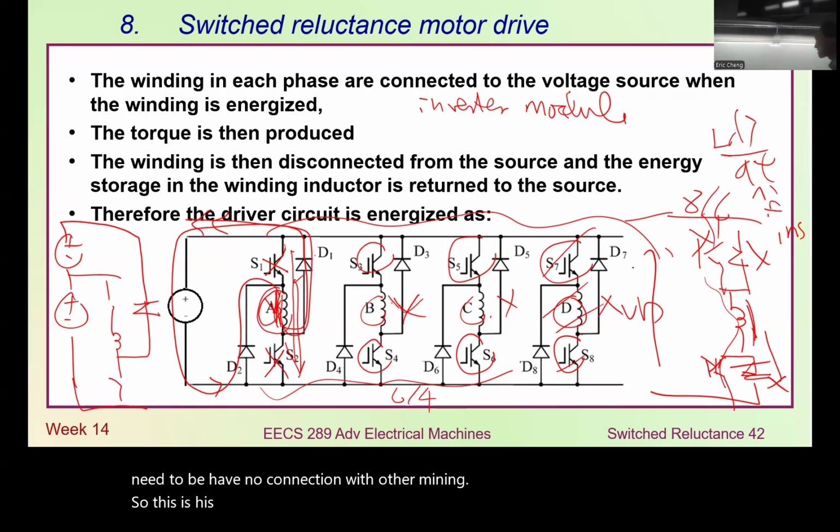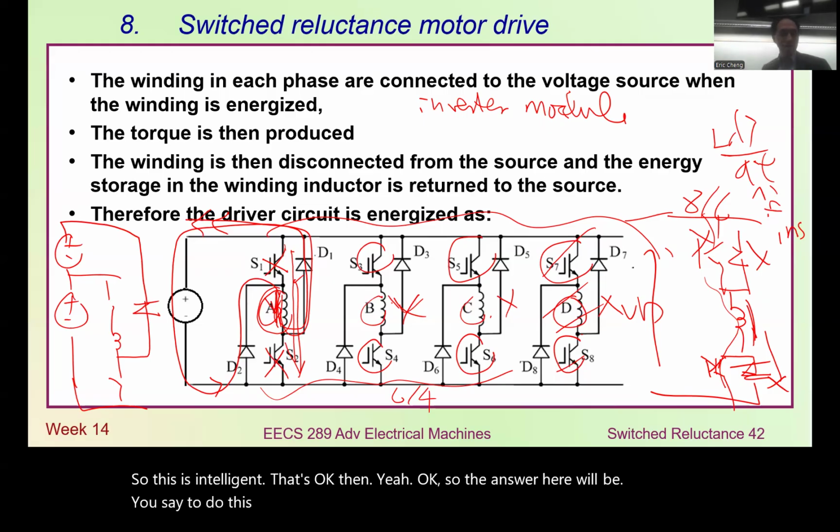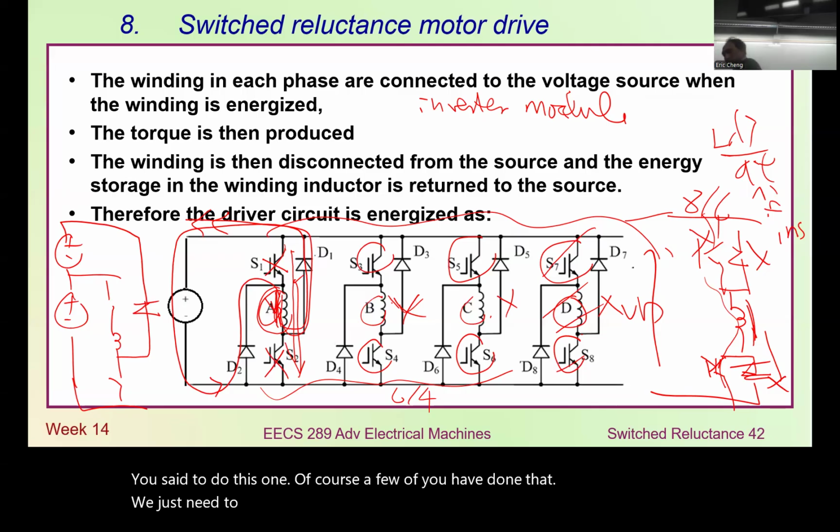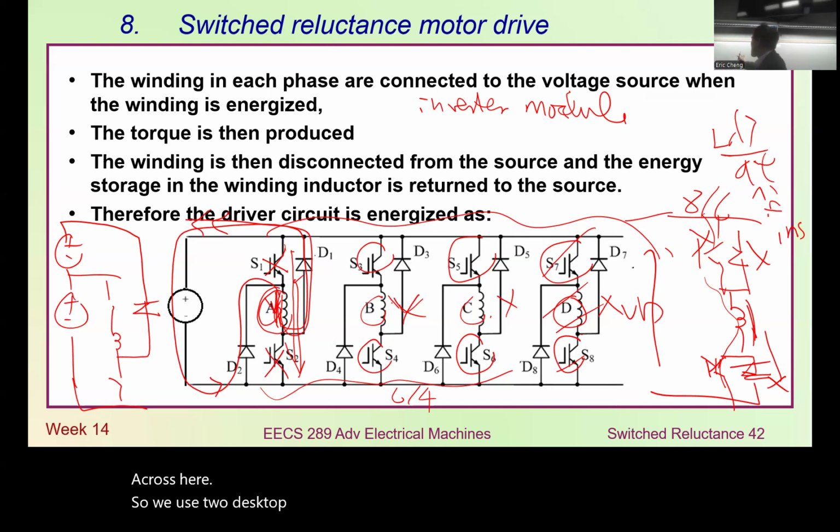Okay, so the answer here will be, to do this one, of course, a few of you have done that. We just need to connect the inductor across here. So we use two, that's called one inverter leg, two inverter legs for one phase.